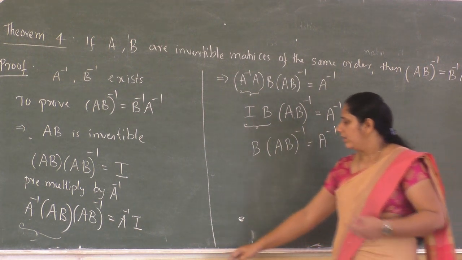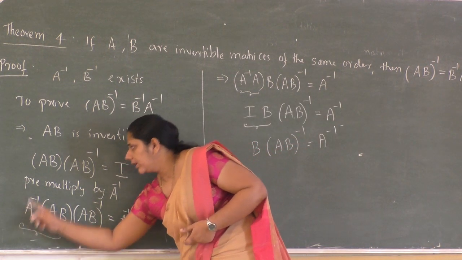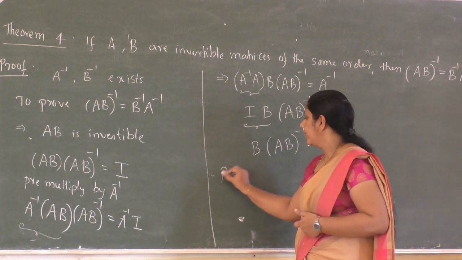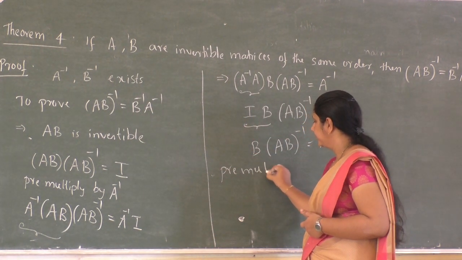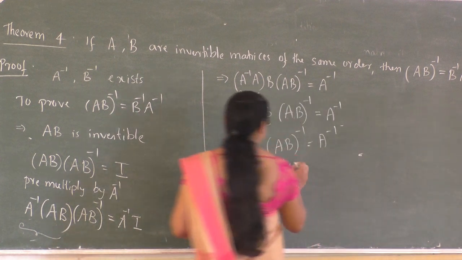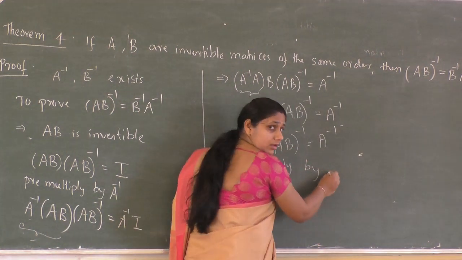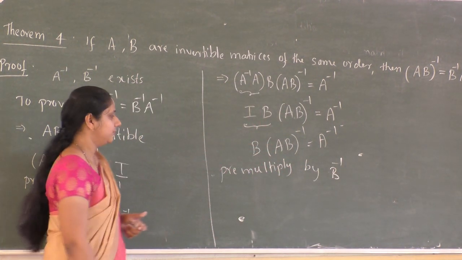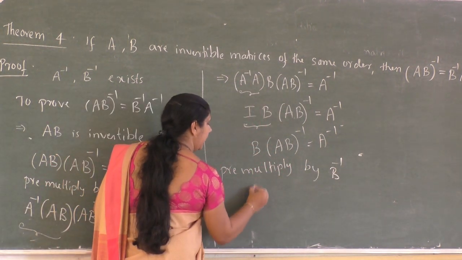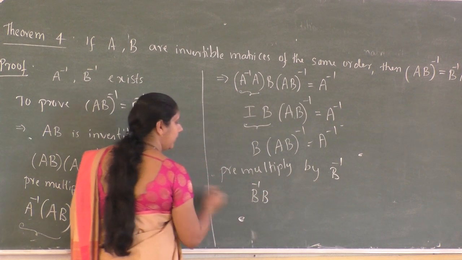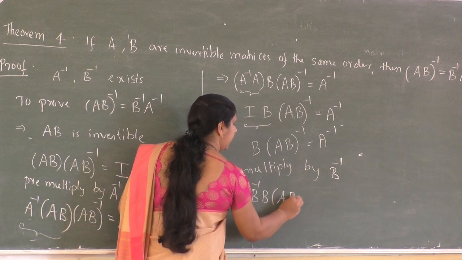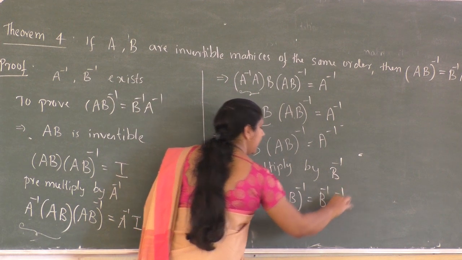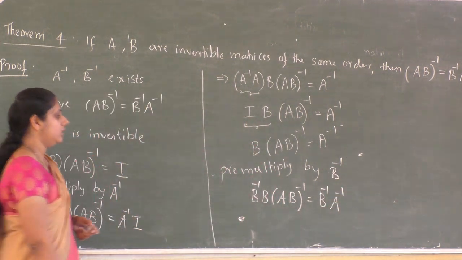Now similar to this step, that is pre-multiplying by A inverse, here we have to pre-multiply by matrix B inverse. So B inverse into B into (AB) whole inverse is equal to B inverse into A inverse.